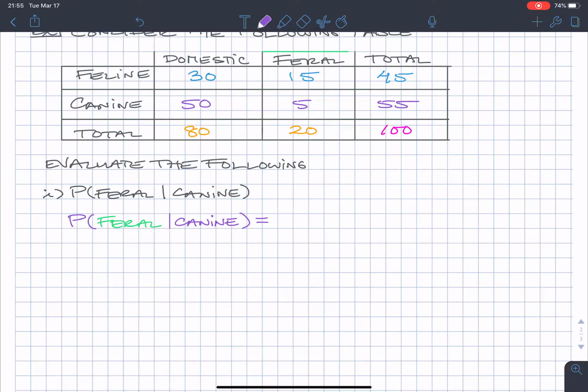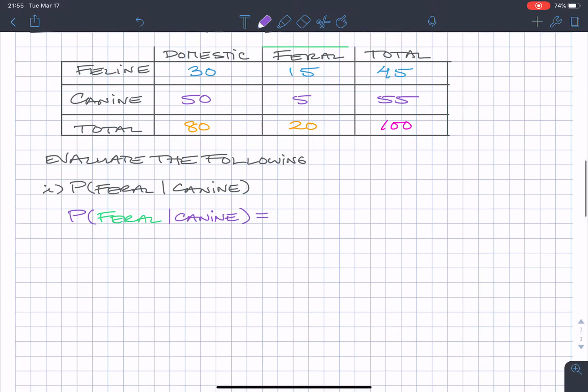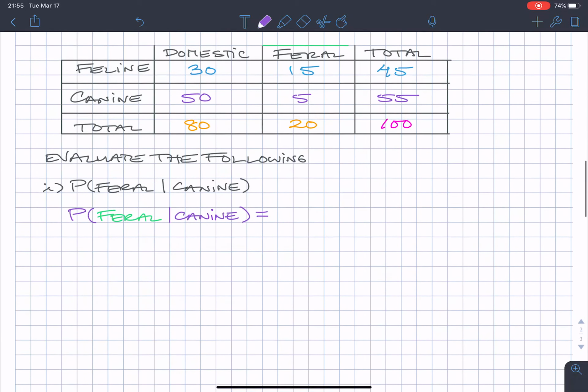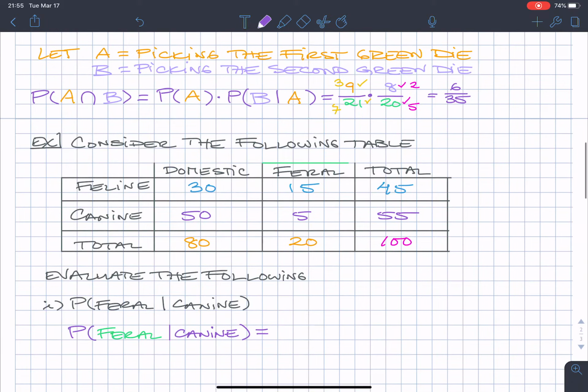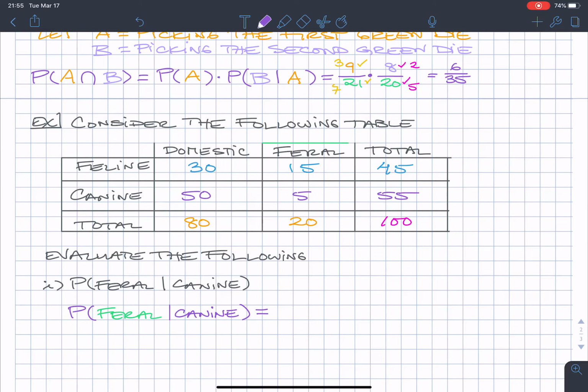Well, if I rearrange the formula from above, do you agree that the probability of B given A, I just divide by the probability of A?